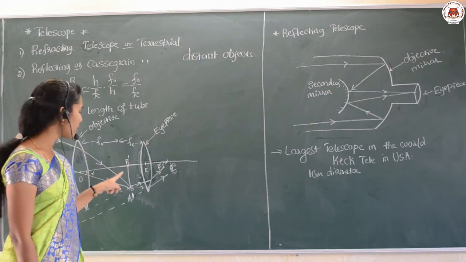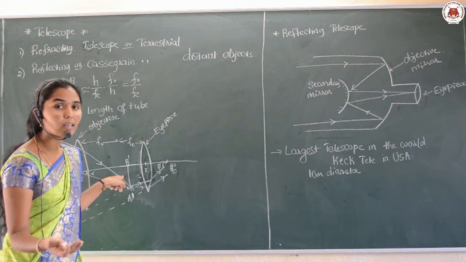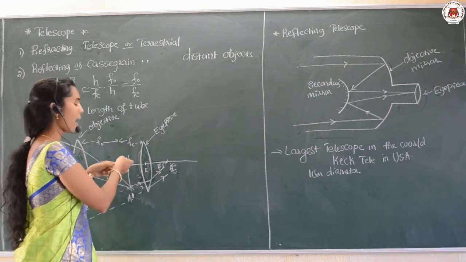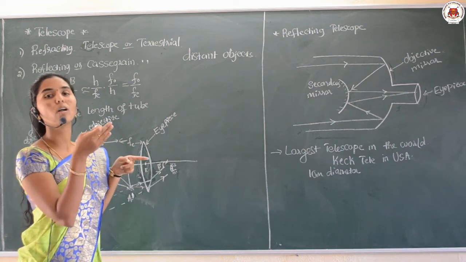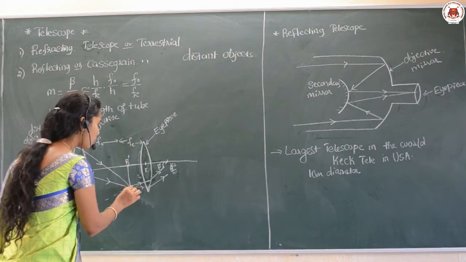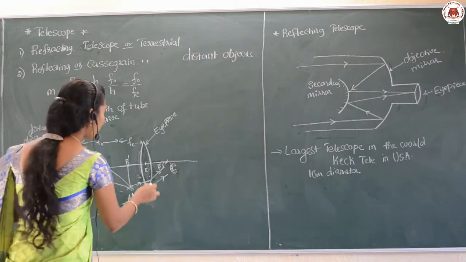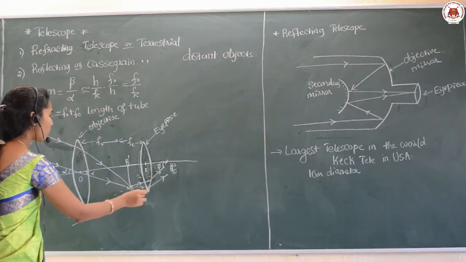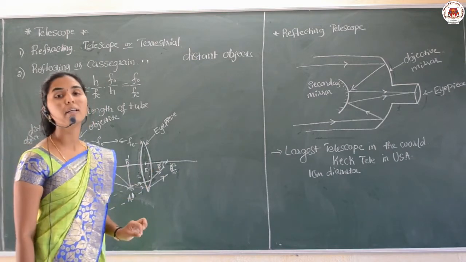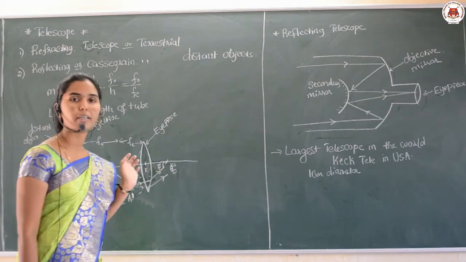And this image acts like a virtual object for the eyepiece. Then the rays coming from this are incident on the eyepiece, and those rays undergo refraction. Then that appears to form the final image at infinity.